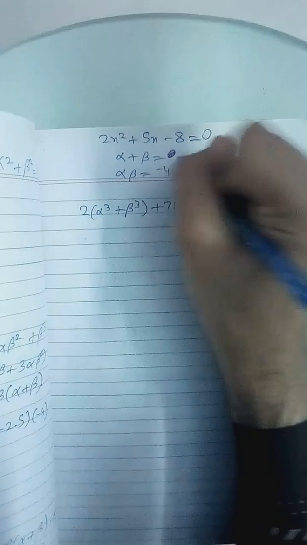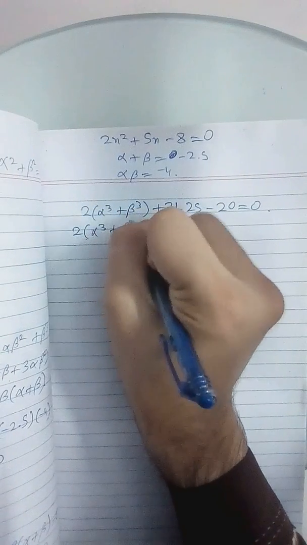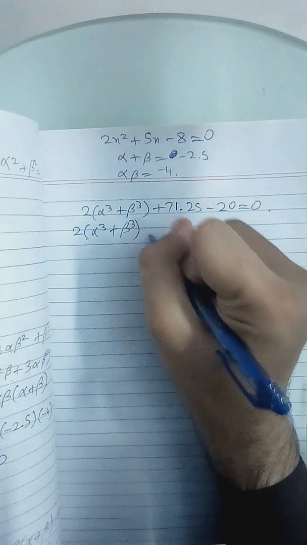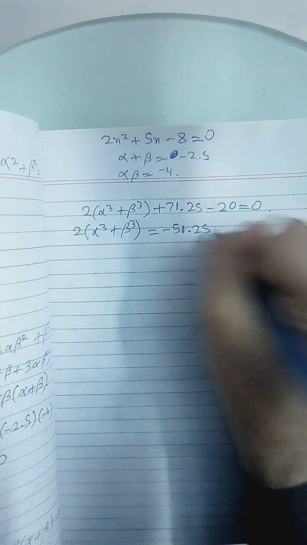That's equals to minus 2.5. So 2 alpha cube plus beta cube equals minus 51.25.